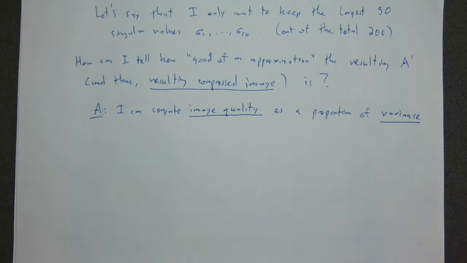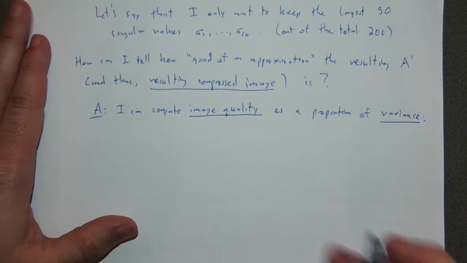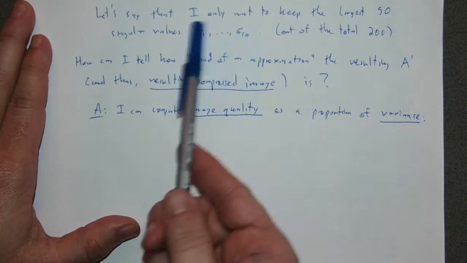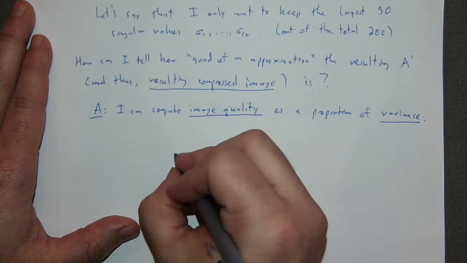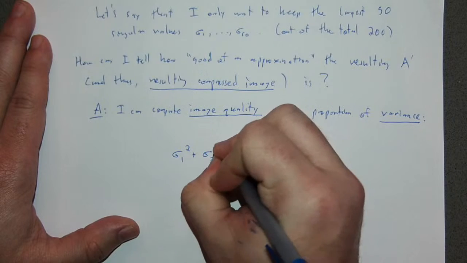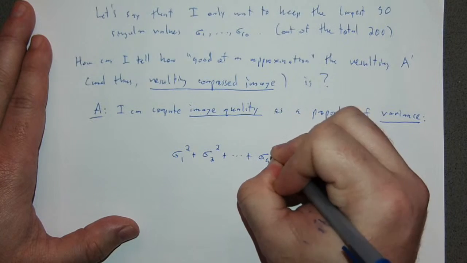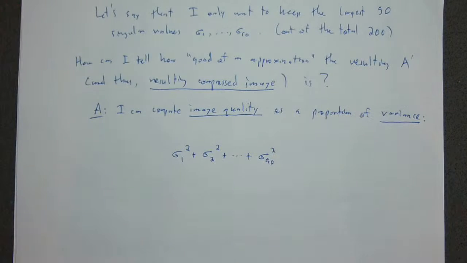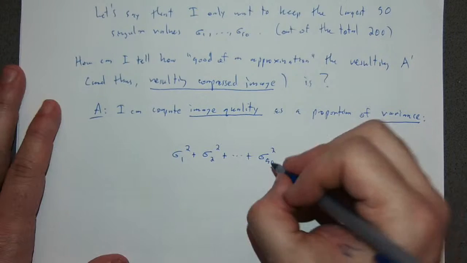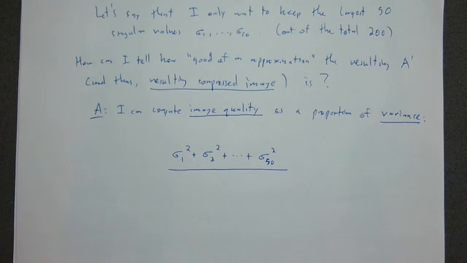So the idea is I take the sum of the squares of the singular values I've kept, okay, I take the sum of the squares of the singular values I've kept, and I divide by the sum of the squares of all the singular values.